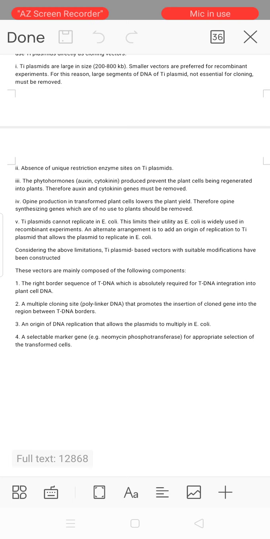These vectors are mainly composed of the following components: the right border sequence of T-DNA, which is absolutely required for T-DNA integration into plant cell DNA; a multiple cloning site that promotes the insertion of the cloned gene into the region between the T-DNA borders; an origin of DNA replication that allows the plasmids to multiply in Escherichia coli; and a selectable marker gene for appropriate selection of the transformed cells.